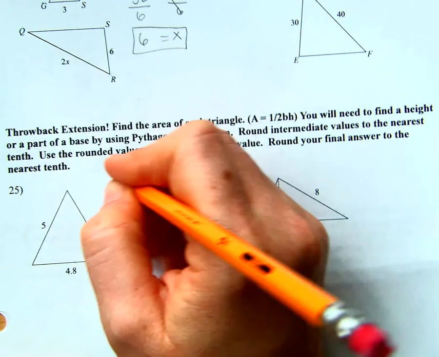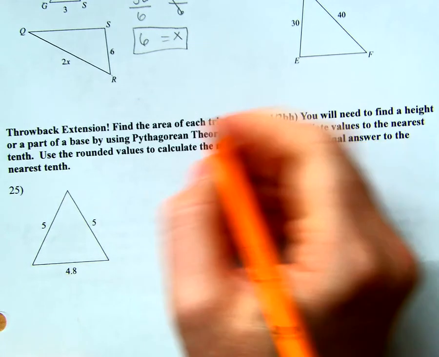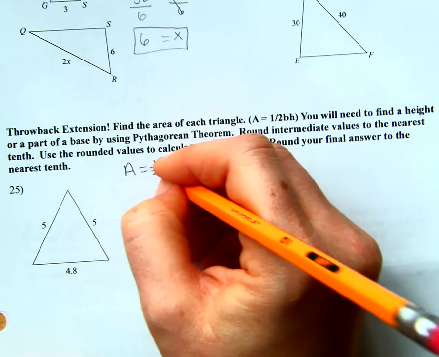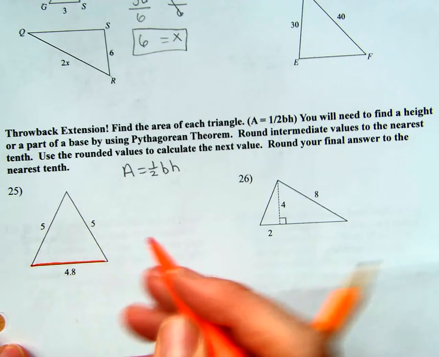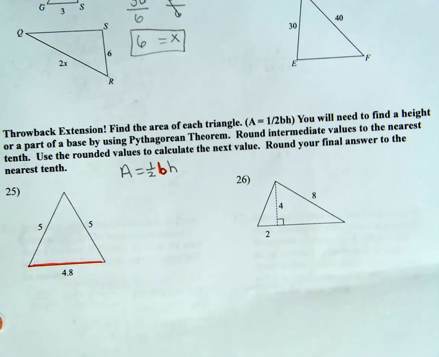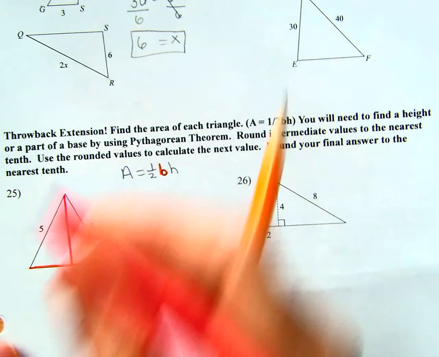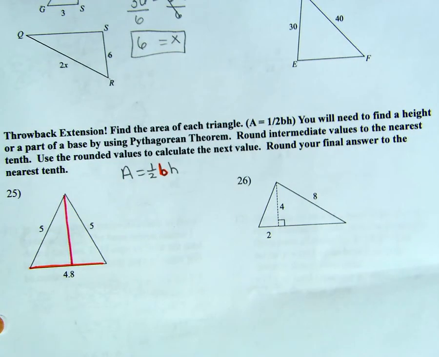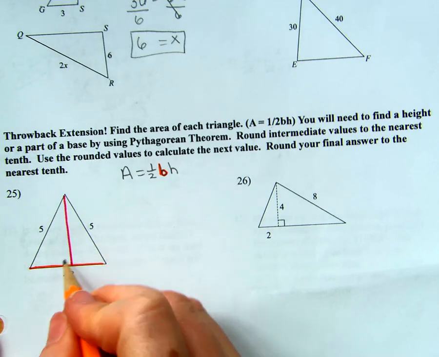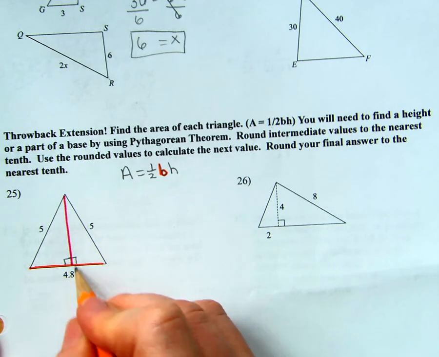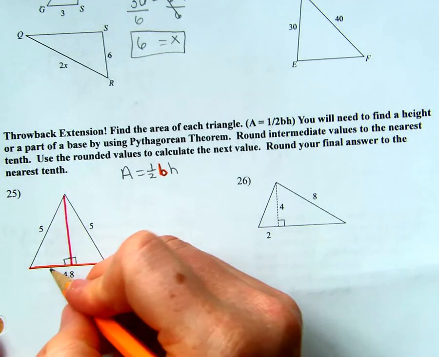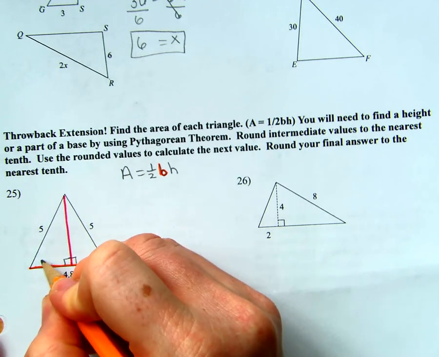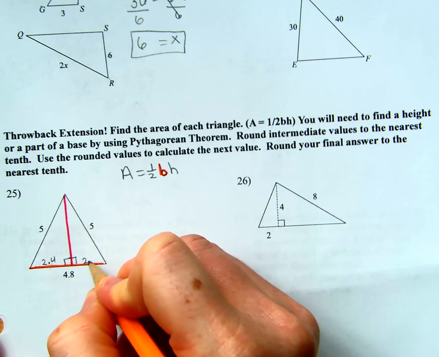Well, if I want to find the area, I know I need 1/2 base times height, which is fine. Here's my base, but what I don't know is the height. Well, because these two are equal, these have to be 90 degrees. Okay? And it turns out this is going to bisect this, so this is going to be 2.4 and 2.4.